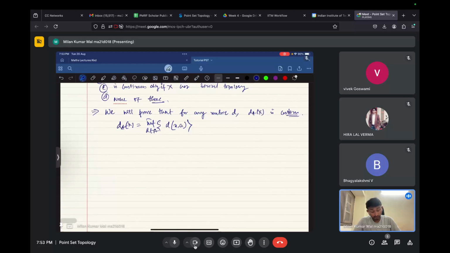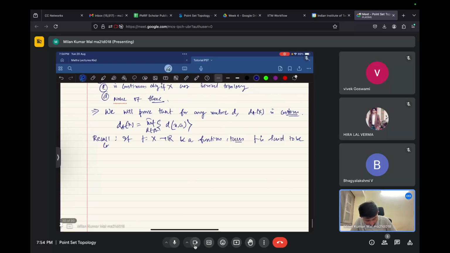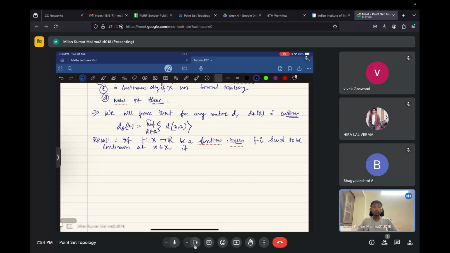Now what I want to prove is that for every epsilon greater than 0, if f is a function from X to R, just recall, if f is a function from X to R, then f is said to be continuous at x belonging to capital X if the inverse image of every open set is open.